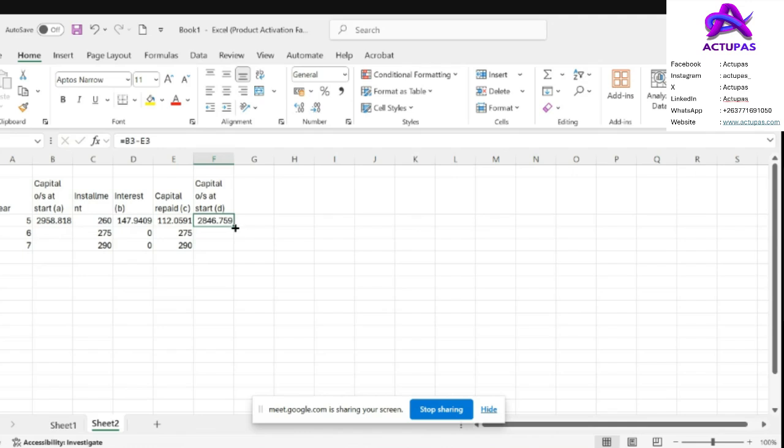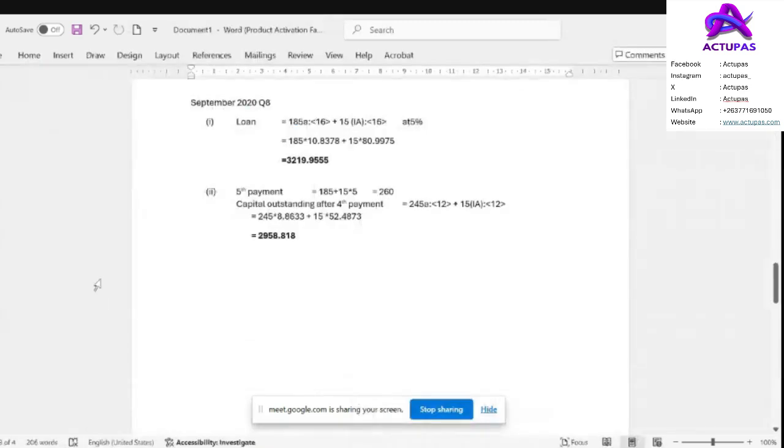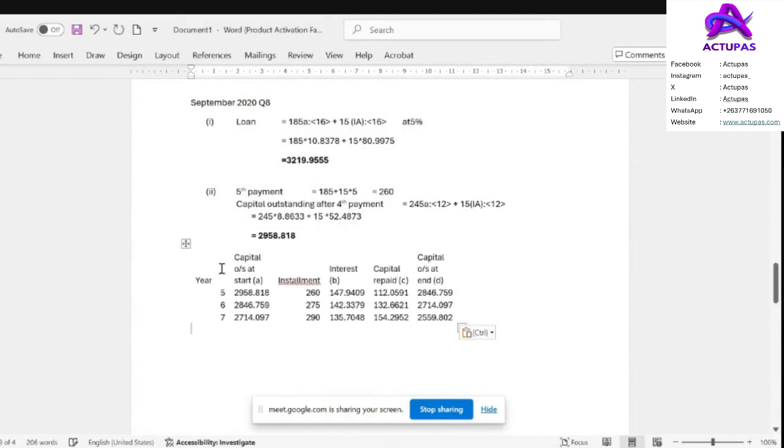So we drag it down here. And the start of the sixth year is the outstanding at the end of the fifth year. We drag it down here. So we now have our loan schedule.